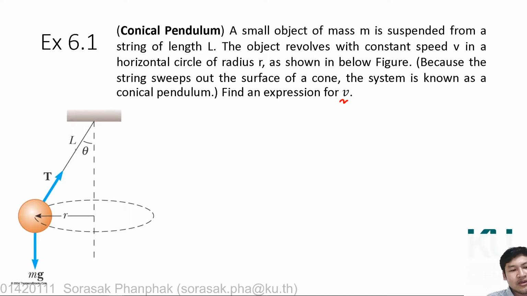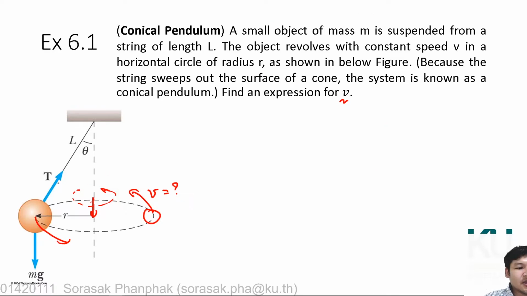Think of this as a conical pendulum, rotated around like this. We would like to determine v. It's not swinging like a pendulum, but orbiting around the center, and the particle is orbiting around it.